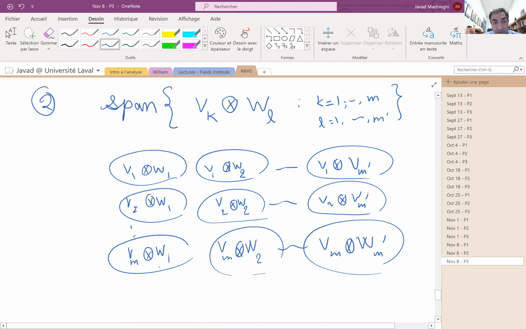You can put the constant in front, you can put the constant with the first one, you can put the constant with the second one.